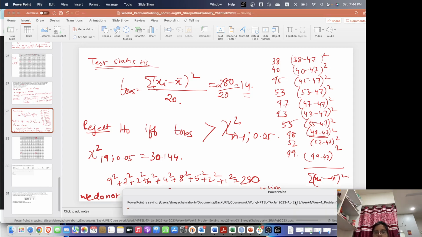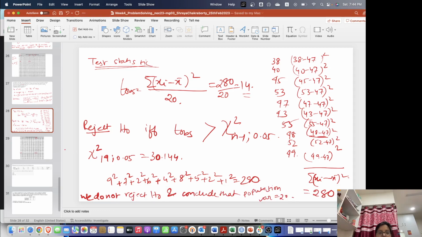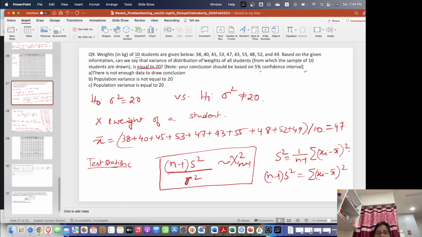Okay. So the important thing to remember is that the test statistic would be n minus 1 s square by sigma under H naught square. This is the test statistic, which follows chi-square n minus 1, and if it is beyond some point, then we are going to reject H naught.